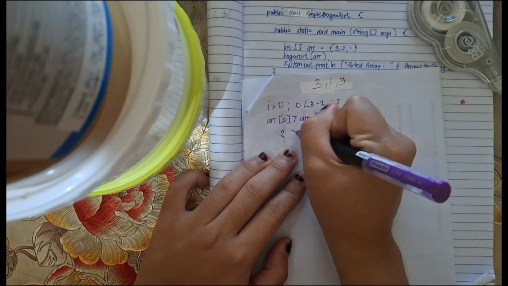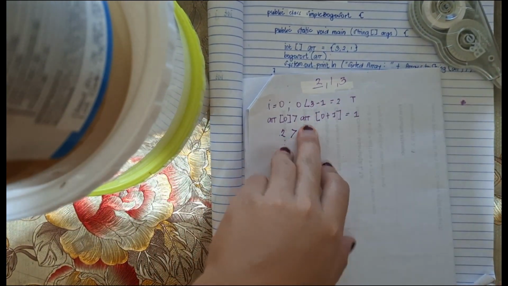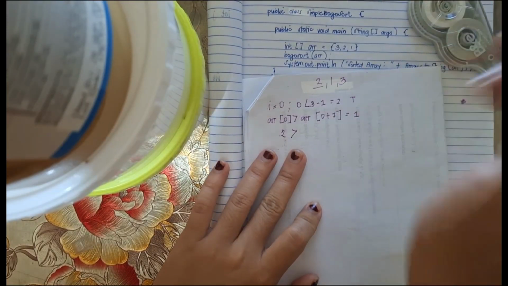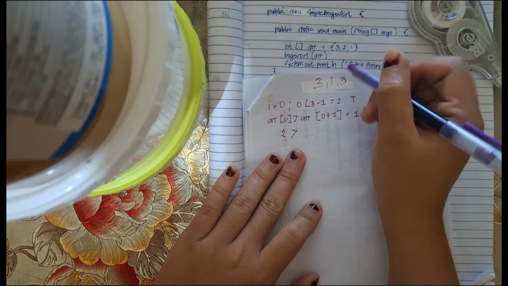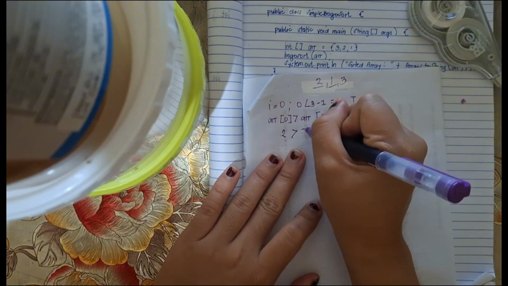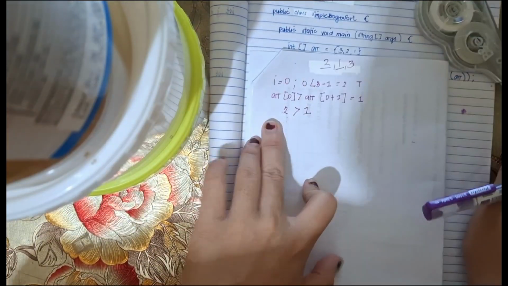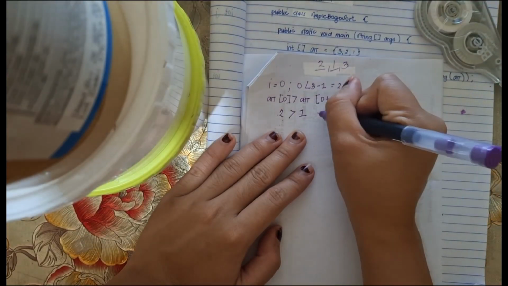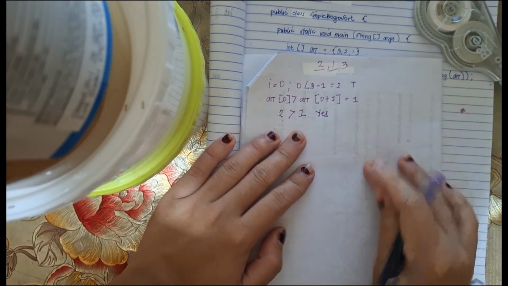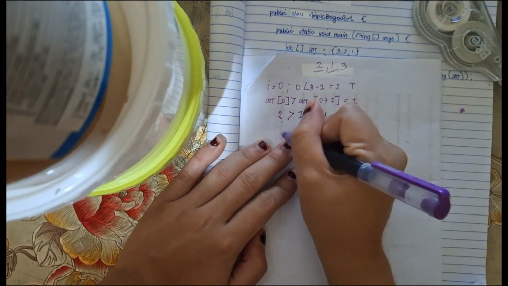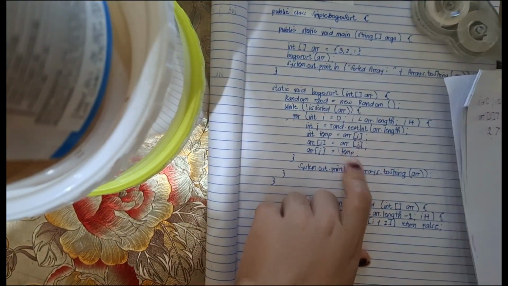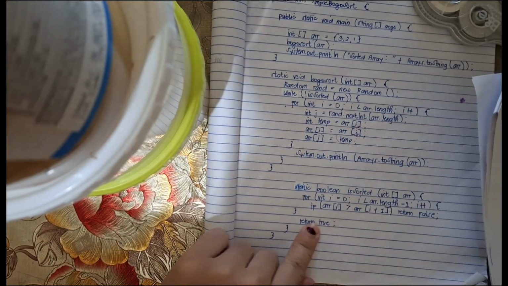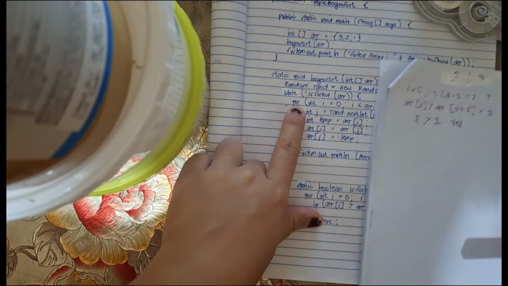So, 2 is greater than array[1], which is 0 plus 1. The value at index 1 is 1. So, 2 is greater than 1. Yes. So, we return false. Return false.